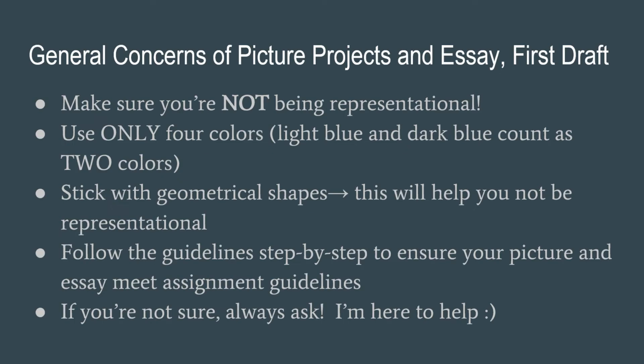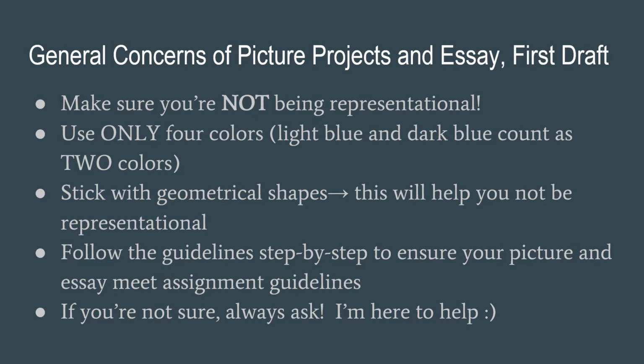So I want to go over some general concerns that I found on our first draft of our picture projects and essays. These were things that a lot of students had issues with, so I want to make sure that it's covered, because I didn't repeat myself over and over within the actual feedback that I gave you, because I wanted to make sure that your feedback was as specific as possible.